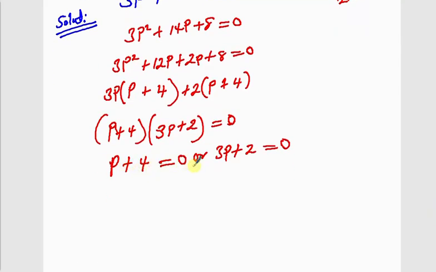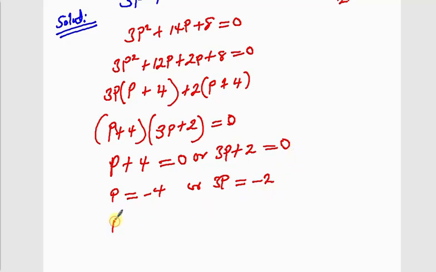P plus 4 equal to 0, then p will be equal to minus 4, when this positive sign crosses the equality sign to the right hand side, to become a negative 4. And also 3p will be equal to negative 2 here. The same thing happened to this side. When 2 crosses to the right hand side of this equality sign, it becomes a negative.